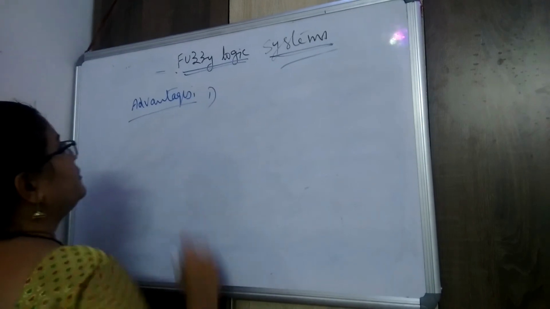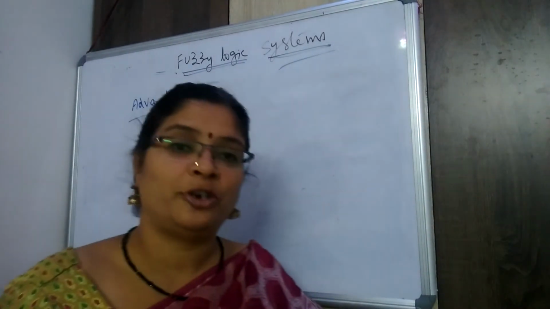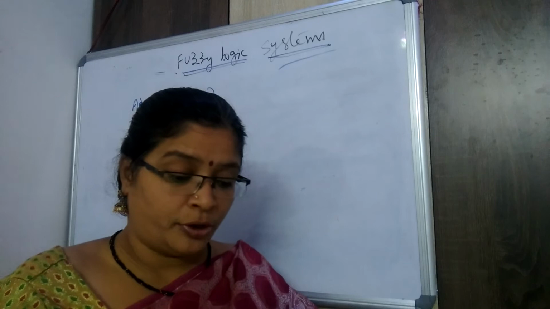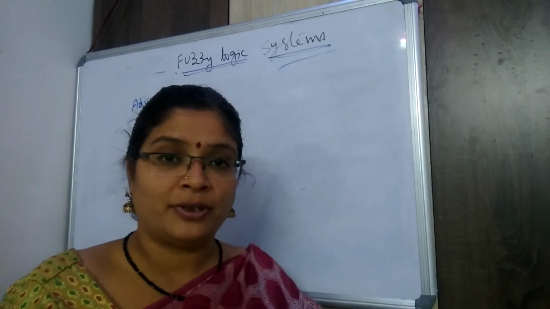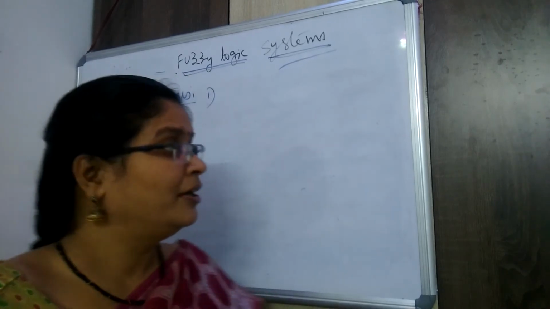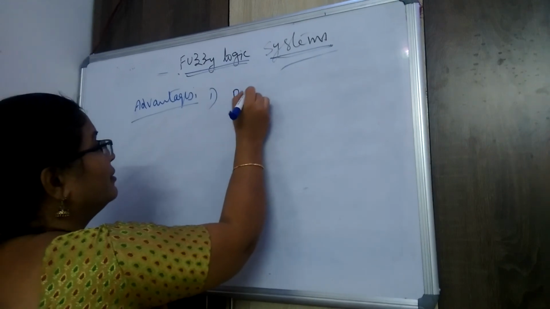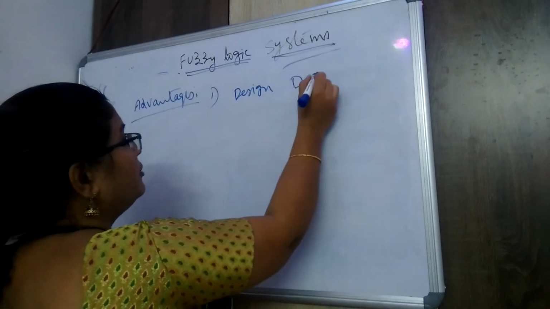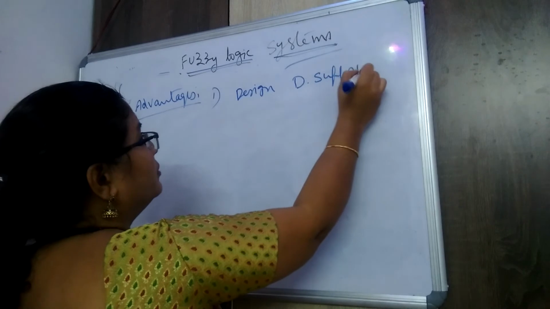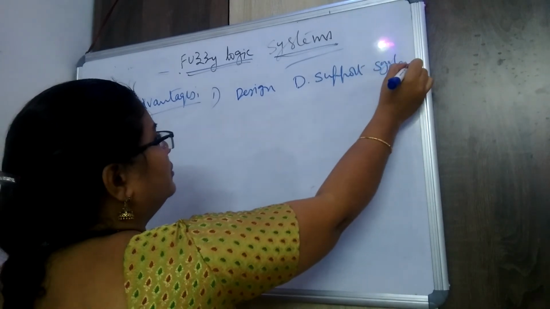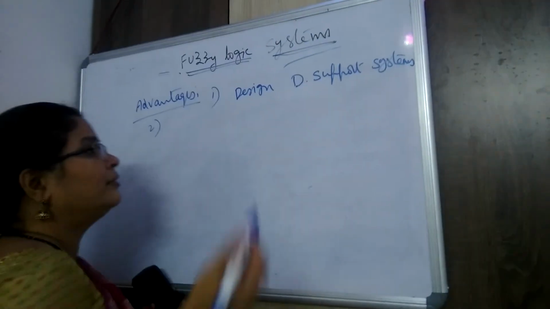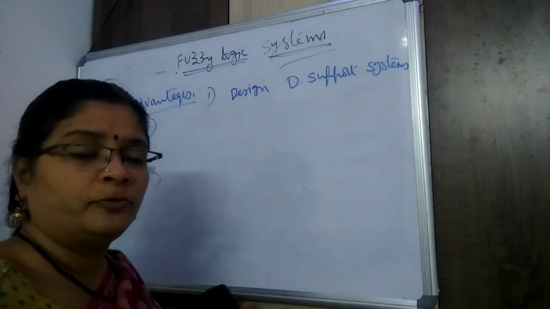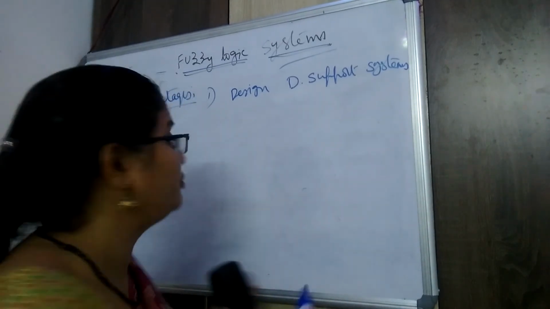So what are the best advantages of these fudgy logic systems? They are used to design decision support systems, and they are used to handle uncertain situations.